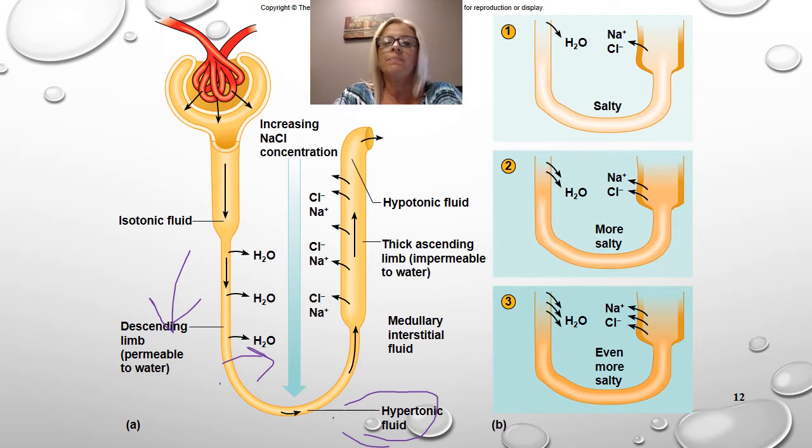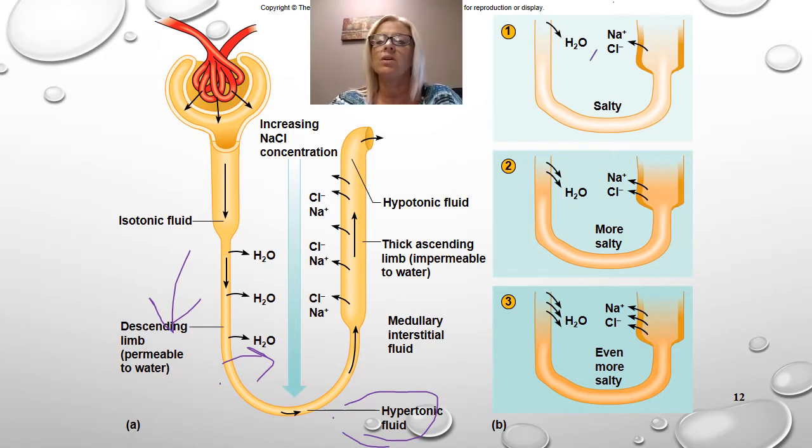In B, we can see that as the solutes are reabsorbed from the ascending limb, and you can kind of see this in A, as they're being reabsorbed from the ascending limb here, this is going to cause more water to be lost. It's going to increase.